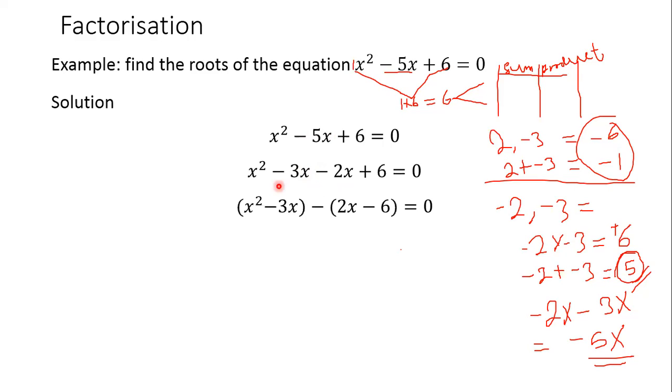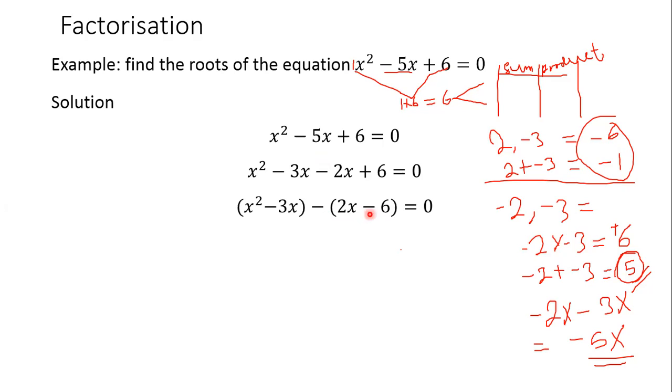Then after we are going to do the grouping. So we group them in pairs of 2. So this will be the first group of x squared minus 3x. So we bracket it. Then because here we have a minus sign, that is what will come here. Okay, 2x minus 6. So why the 6 has become a negative is that because when we open these brackets, negative times negative gives us positive.